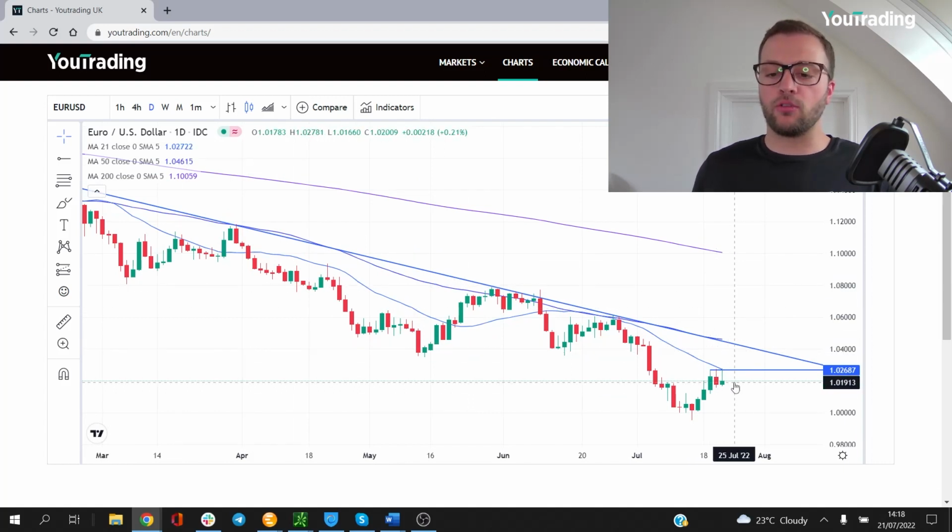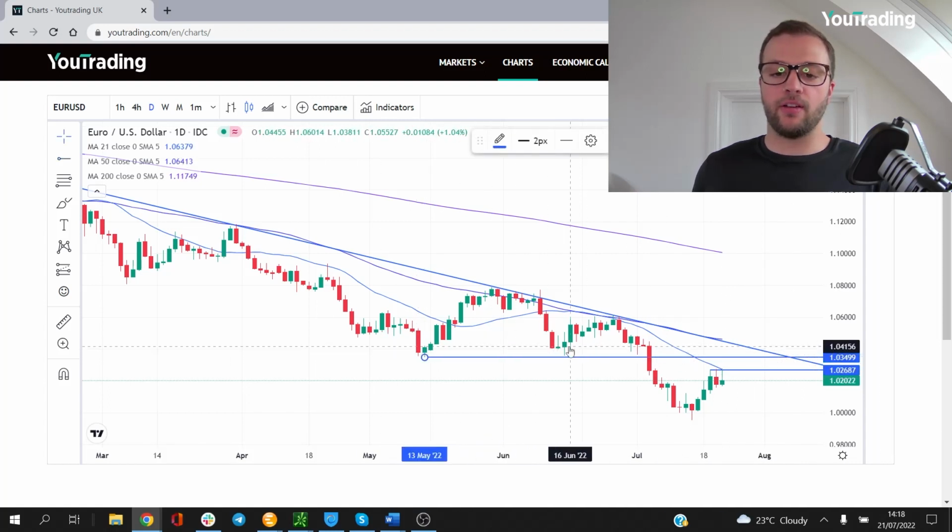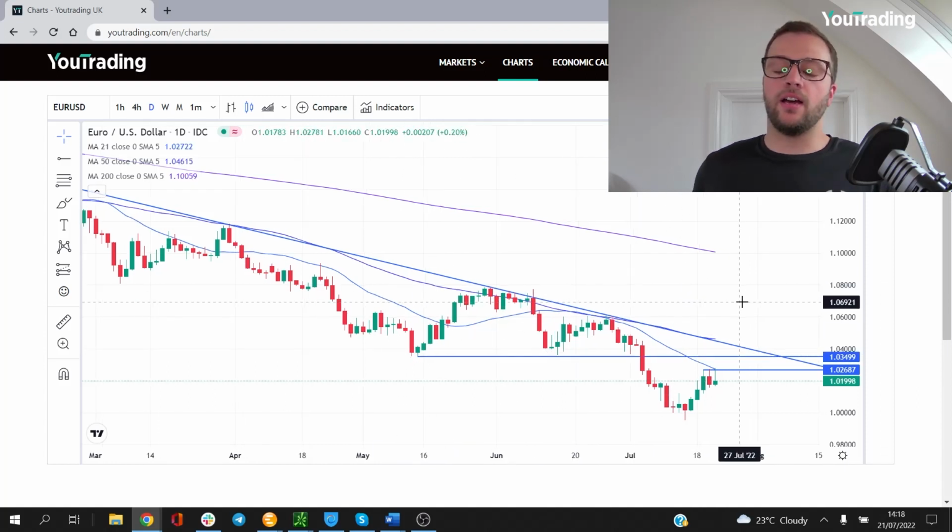But here we are around 102. And I think there is a risk that we do push above this area of resistance that I've got marked up here, and that we challenge this area of resistance that's a little bit higher in the 103.50 area. Not just because of the hawkish ECB, where, by the way, they've also completely abandoned any forward guidance that they previously gave.